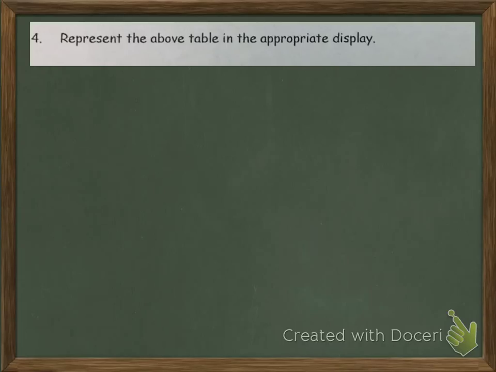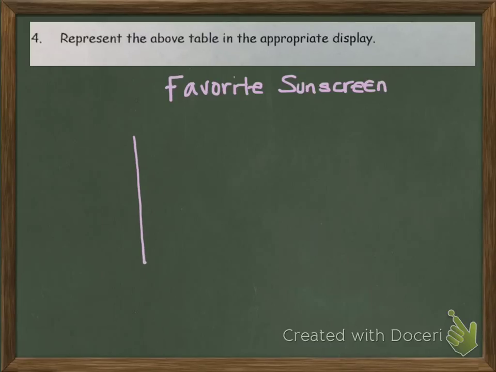So now number 4 is asking us to represent the above table in the appropriate display. So we talked about the bar graph being our best display. So what it's wanting us to do is to draw a bar graph, and it's talking about favorite sunscreen. Remember, your bar graphs always have to have a title. Okay, and then let's draw a rectangle.